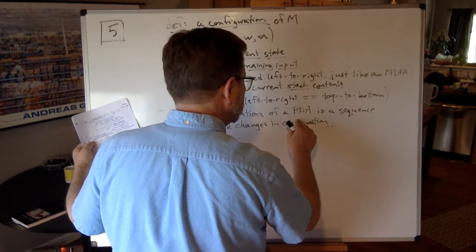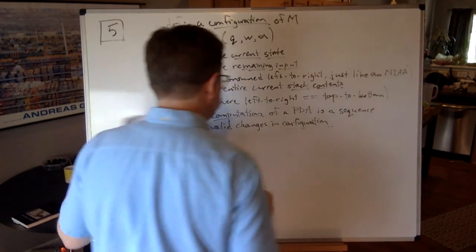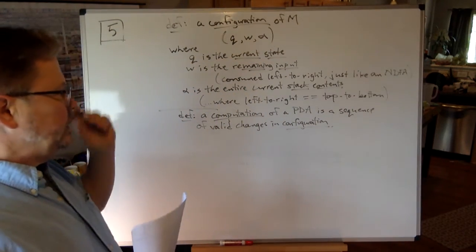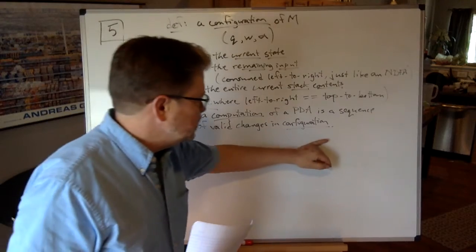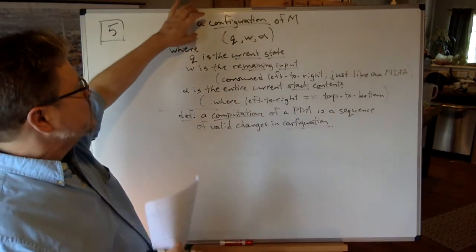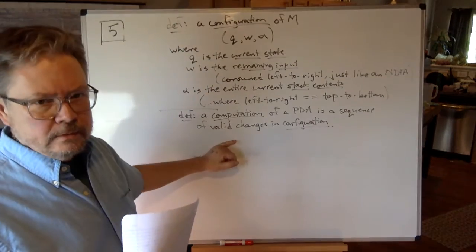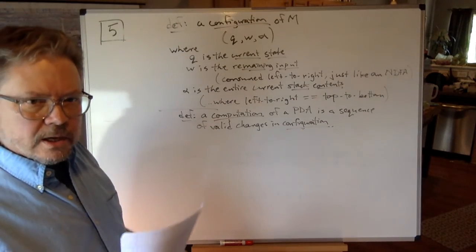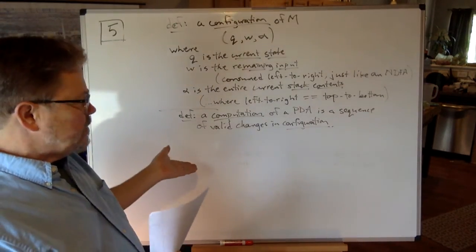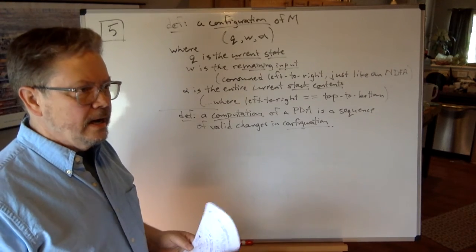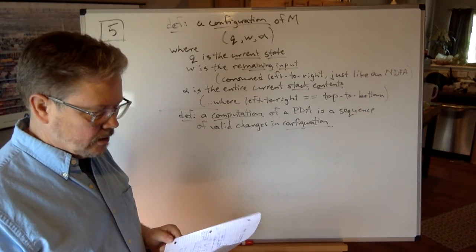I'll underline that. A computation of a PDA is a sequence of valid changes in configuration. So where this is a snapshot, like a single frame of your movie, this is the whole movie. This is that whole sequence of snapshots that shows what happens as you're trying to eat up this string and recognize it as being in the language or not.